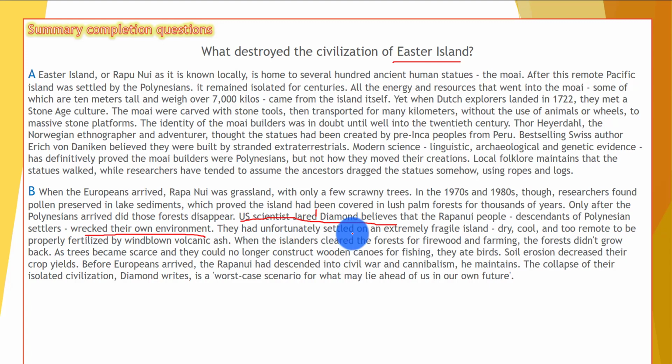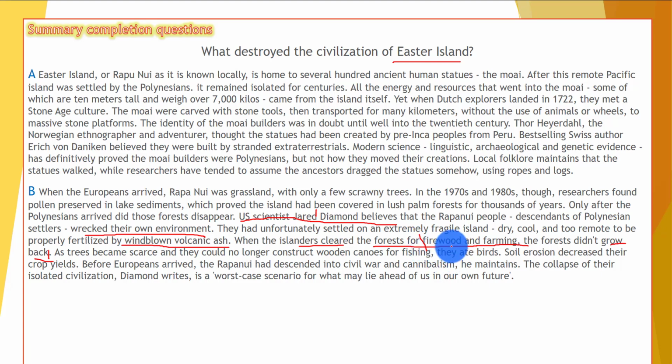They had unfortunately settled on an extremely fragile island, dry, cold, and too remote to be properly fertilized by wind-blown volcanic ash. When the islanders cleared the forests for firewood and farming, the forests didn't grow back. We have cleared, and we had the word fuel.